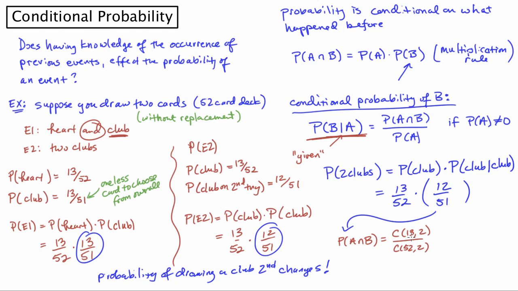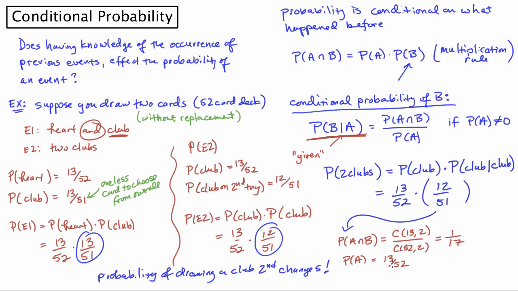And it doesn't matter which order I pick them in. So this is a combination problem, and what you get is a 1 out of 17 chance of that occurring. Alright, I then need to divide by the probability of A, and the probability of A we know is the probability of the first thing happening, which is the club, 13 out of 52.